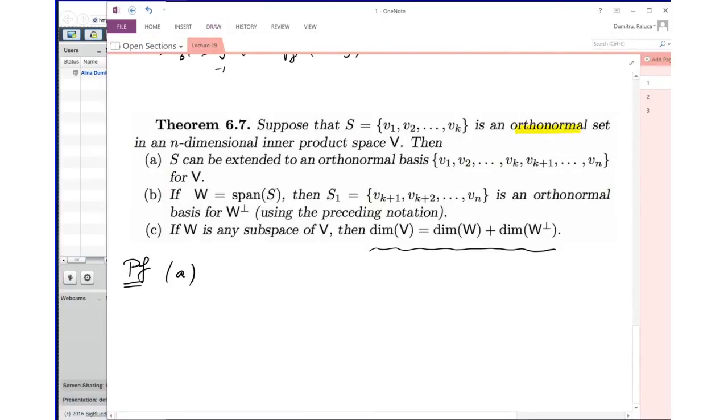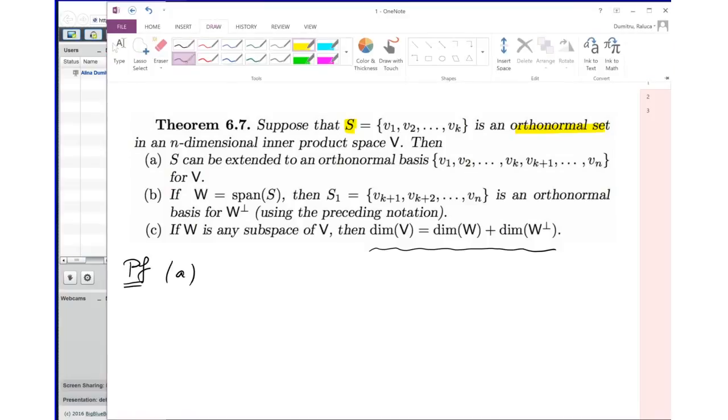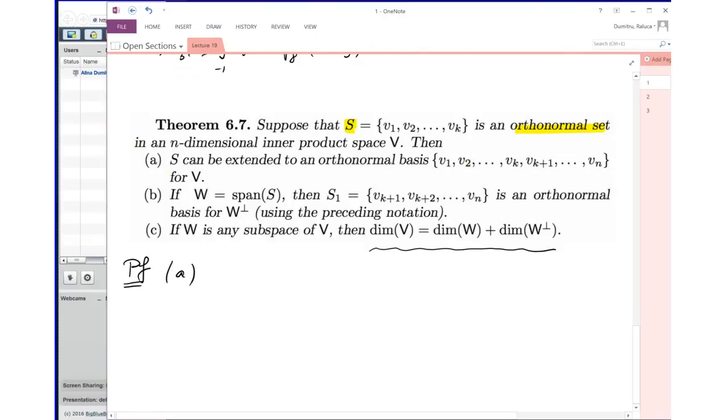We start with an orthonormal set S in a finite dimensional inner product space. And first, we want to see that we can extend S to an orthonormal basis for V. Remember from a while ago that any basis for a subspace could be extended to a basis for the whole space, but this is saying even more: if you have an orthonormal basis for a subspace, you can extend that to an orthonormal basis for the big space.